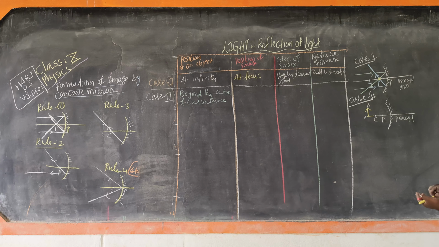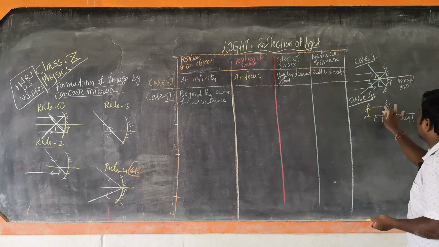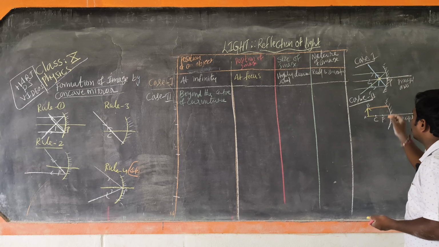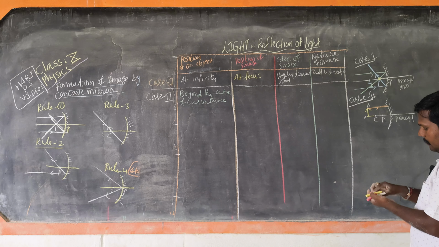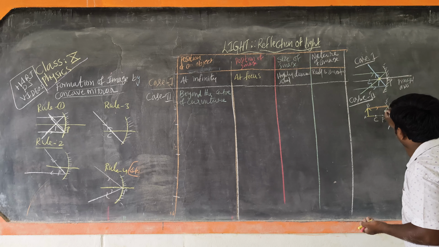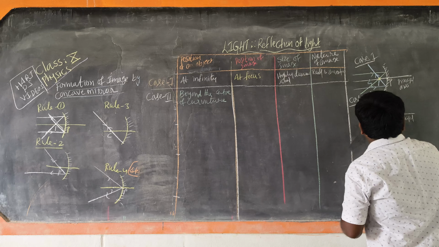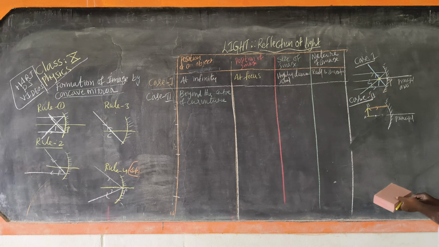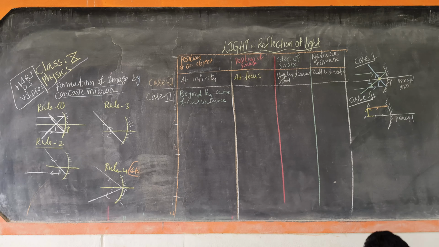So rule 1 you have to take first: parallel to the principal axis. So we must take a scale and draw diagrams neatly. Parallel to the principal axis, what will happen? After reflection, it passes through focus. Draw diagrams very clearly, otherwise we will not get the correct position of the image.